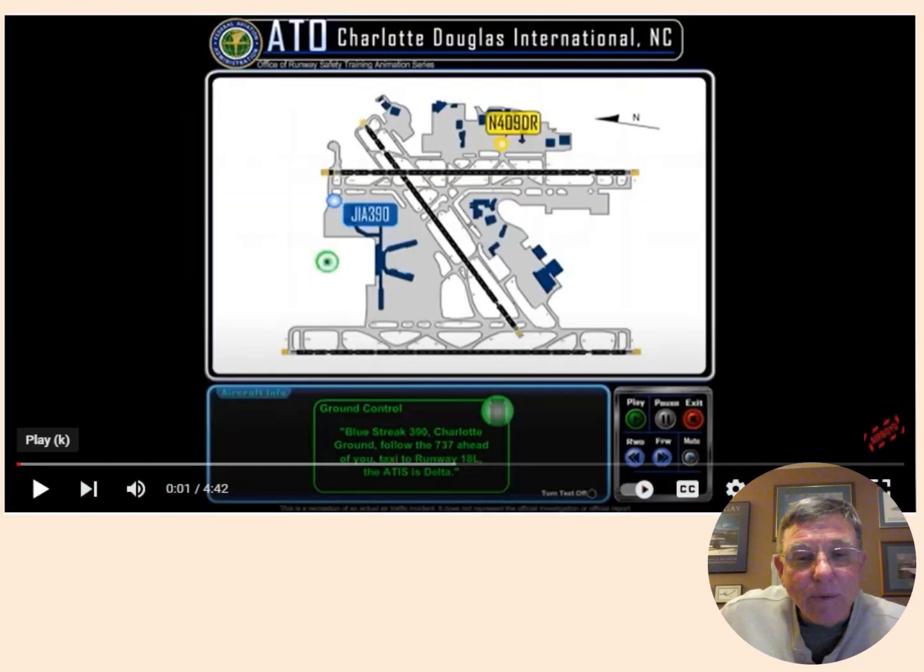I don't remember the runway being that curvy that the 9 Delta Romeo could not have seen the Blue Streak airplane rolling. So again, even though you've been cleared for takeoff, make sure you check both directions before you enter that runway. So I would say that was definitely an operational incident on the controller's part.